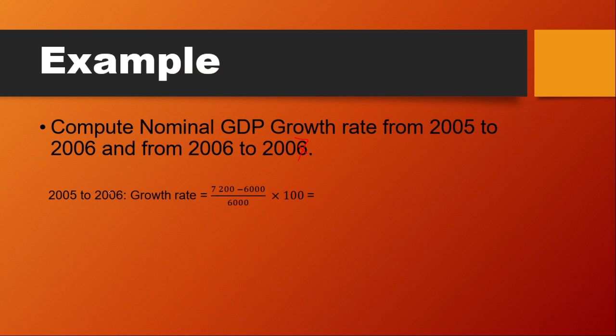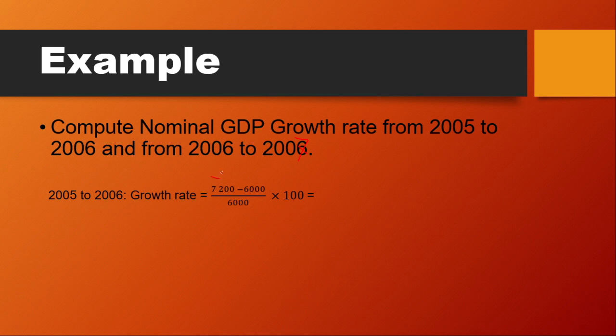Now between 2005 and 2006, we just want to look at how GDP has grown. What is the increase or decrease in nominal GDP? From our example, we know that our nominal GDP in 2006 is 8,200 and in 2005 is 6,000, divided by 6,000.